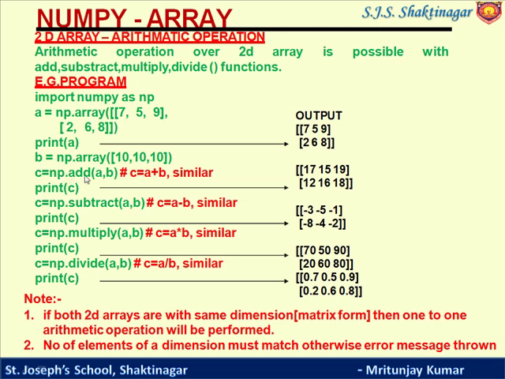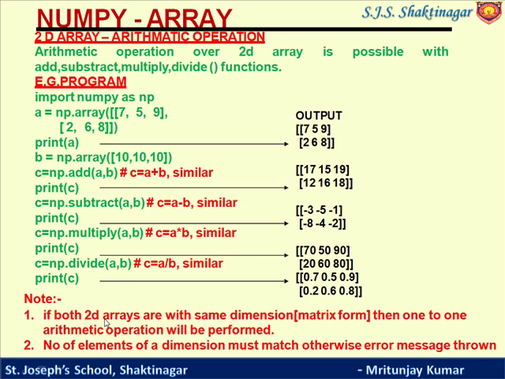Now c is equal to np.add a comma b. This will add the 10 to each value and give the output. Similarly subtract: c is equal to np.subtract a comma b. So subtract is a function, we can simply get the value. Similarly there is a multiplication function, there is an addition function, so we can give the first value comma second value.